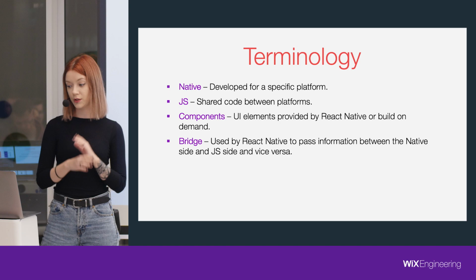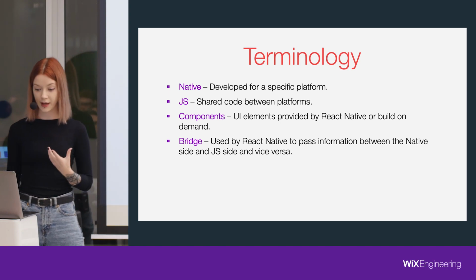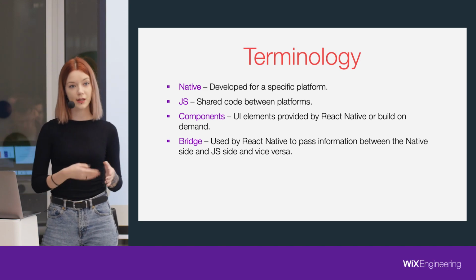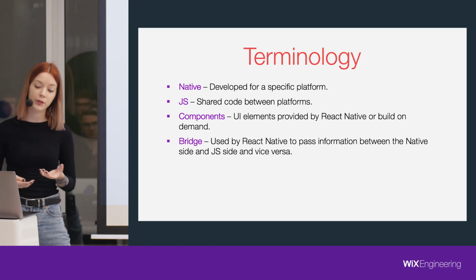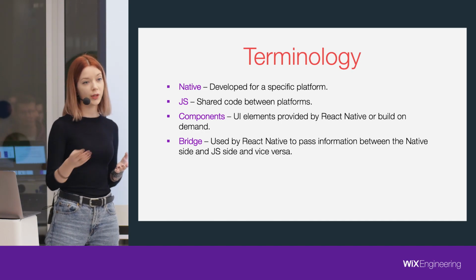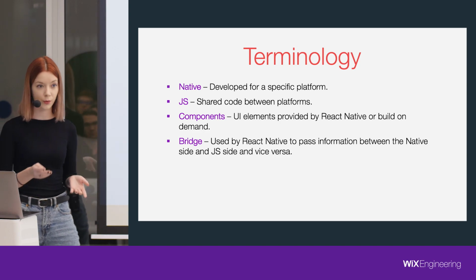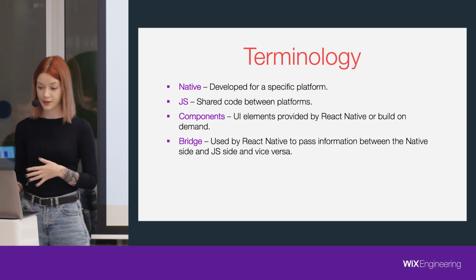So some terminology to give you more background about the Wix app that you need to understand. Native is something that's being developed for a specific platform. It's being coded using different technologies and different programming languages for Android and iOS.